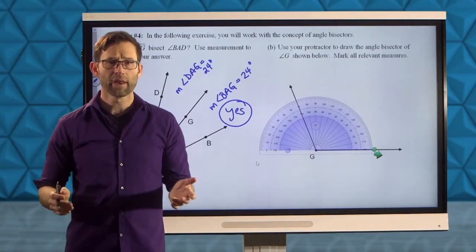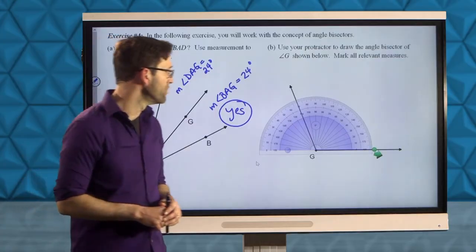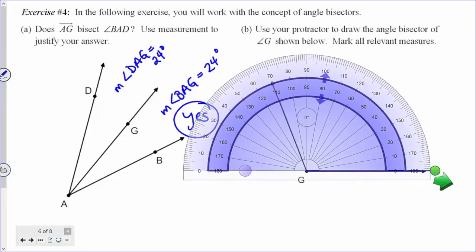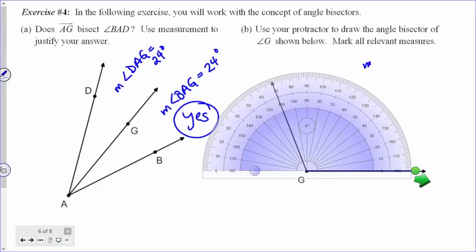All right, are you ready? First things first, I simply need to know the overall measure of the angle. Measure of angle G. So what is it? Well, looks like on my protractor, stretch that up a little bit, hitting right at that 110-degree angle. So the measure of angle G is 110 degrees.